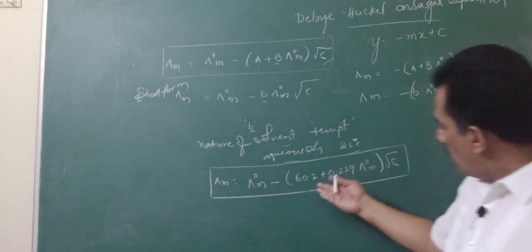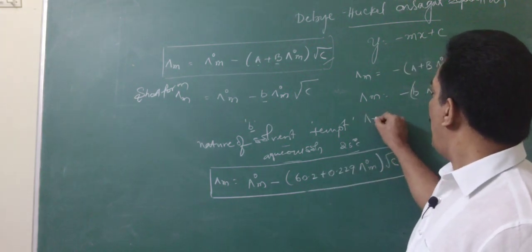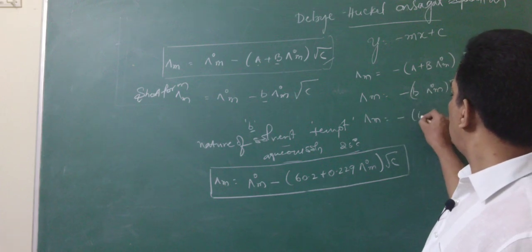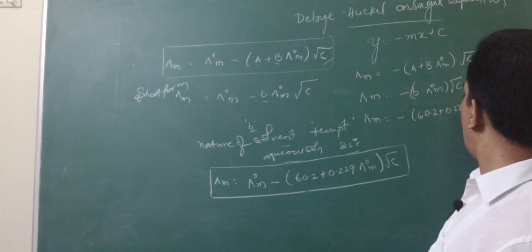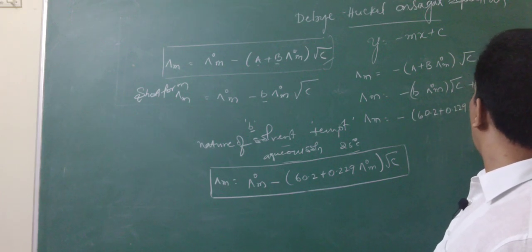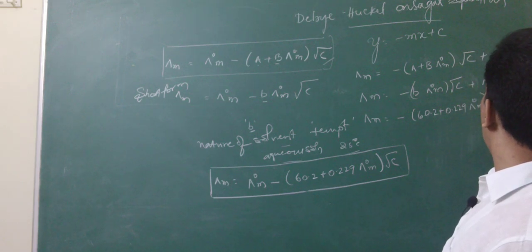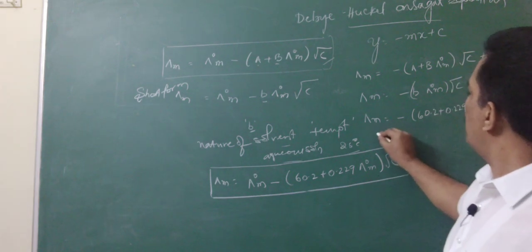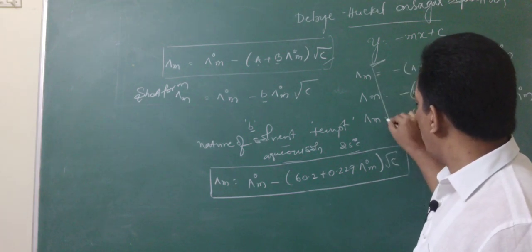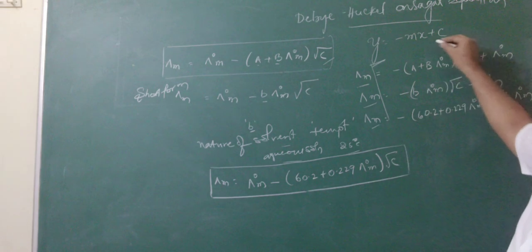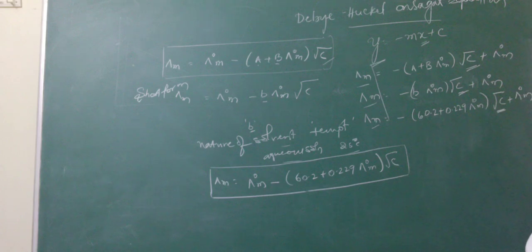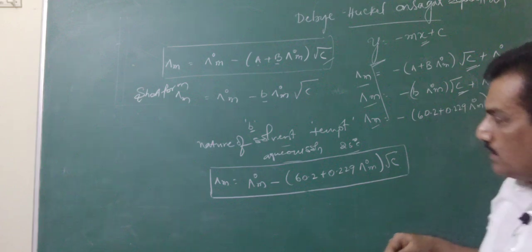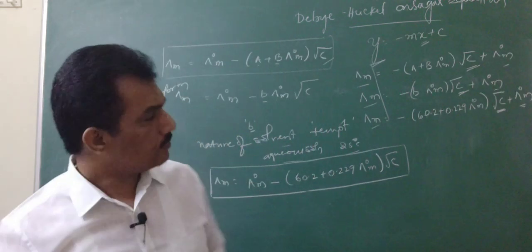Or for water we can write lambda m is equal to minus (60.2 plus 0.229 lambda naught m) root C plus lambda naught m. On the y axis this is the variable, and on the x axis the variable is root C, what we drew in the previous graphs, and this lambda naught m is nothing but the intercept on the y axis with a negative slope.